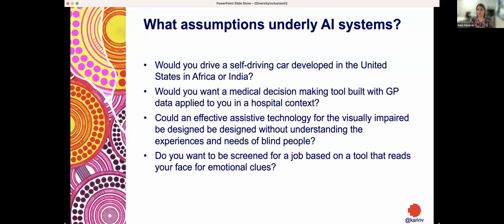Honestly, driving in India frightens me. I could never drive in India. So a self-driving car that's been developed with certain assumptions about lane markings and the tarmac, the quality of the surface you're driving on, the behavior of the other cars on the road, on whether there's cows that might be crossing the road or small children darting between cars.